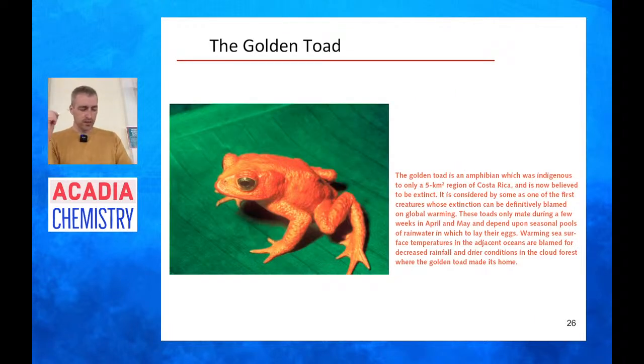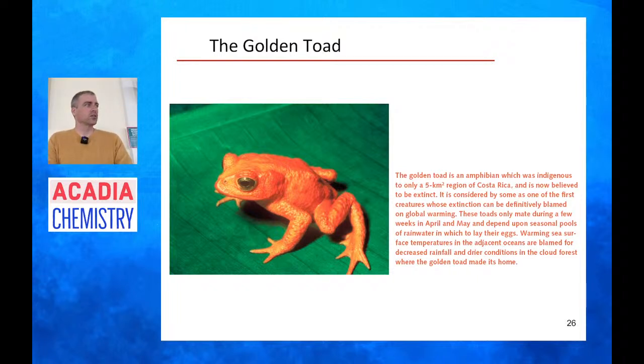Golden toad. This is a species of amphibian from Costa Rica, which has gone extinct. This is believed to be the first confirmed extinction as a result of climate change. It says here they mate only during a few weeks in April and May. They depend on seasonal pools of rainwater in which to lay their eggs.